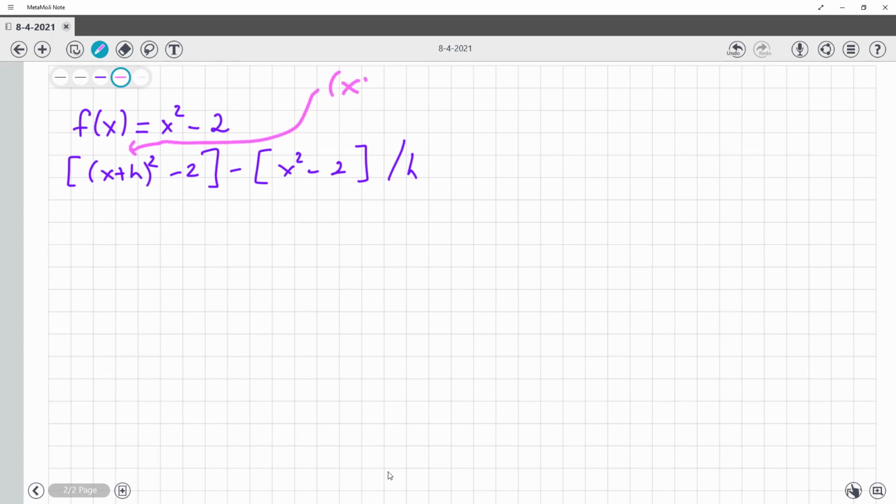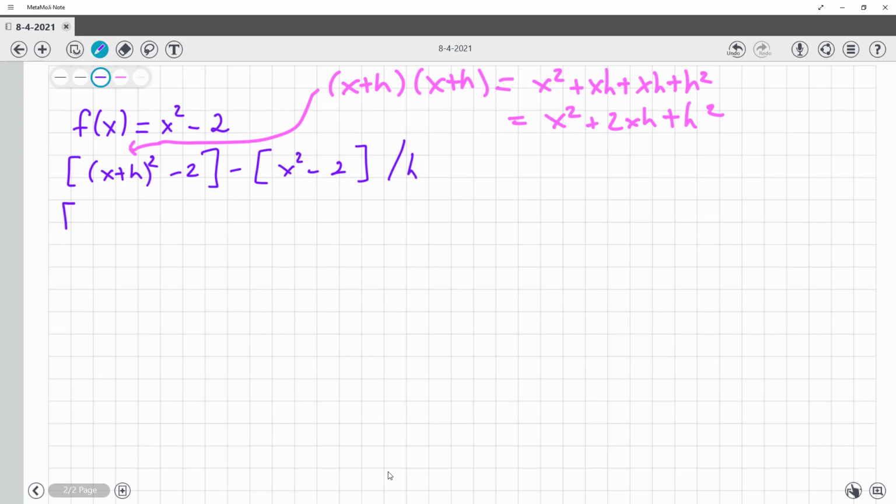So that means x plus h times x plus h, which is x squared plus xh plus xh plus h squared, which gives me the 2xh plus h squared. All right, so that's that piece. So I get x squared plus 2xh plus h squared. Don't forget that minus 2.